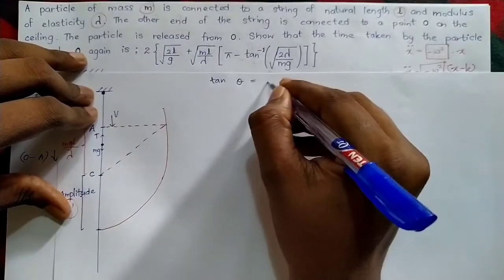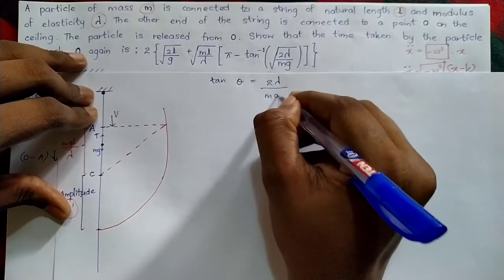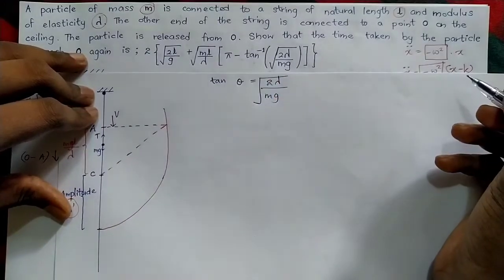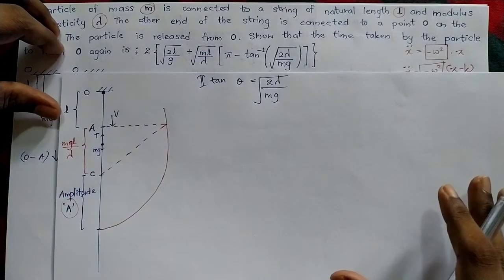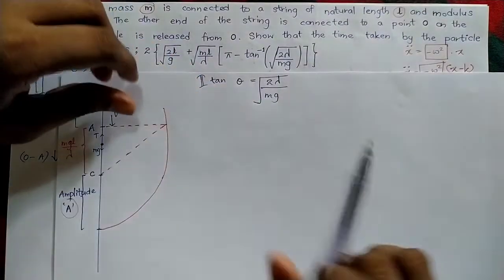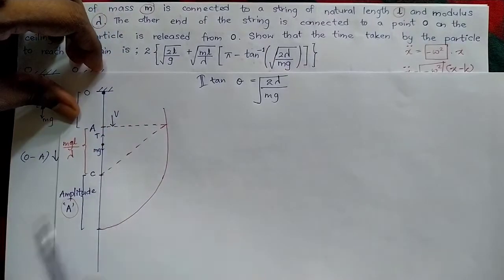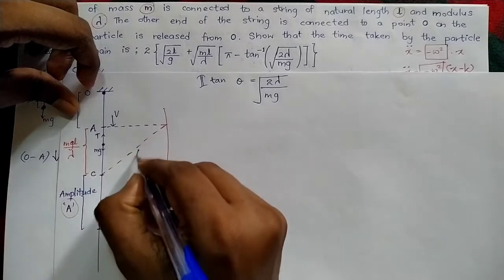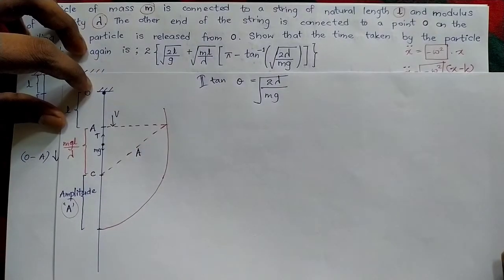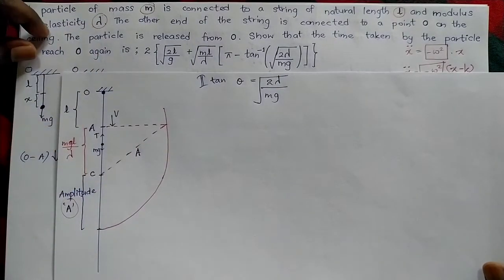Tan theta must be the square root of 2 lambda over mg. This hint can be taken from the expression. Keeping that in mind, we have to mark theta in this diagram. So this amplitude A is equivalent to this length. This length is also known.